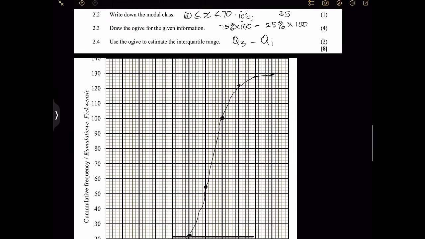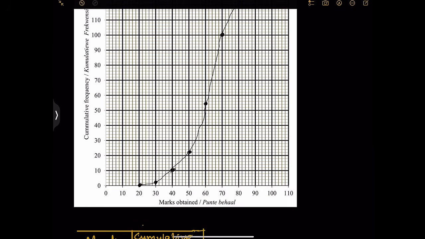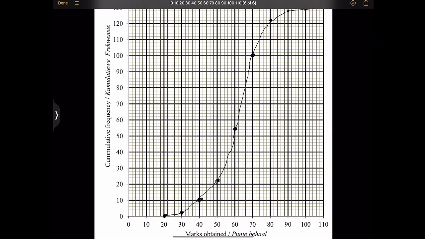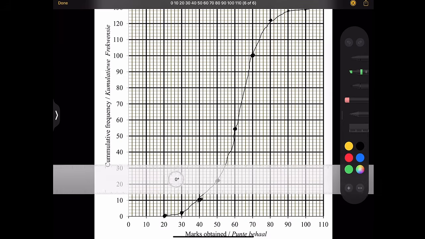We go to our data, and please note, we're going to find 35 and 105. So where is 35? I might have to take my ruler here just to make things a little bit easier for myself. So I'm going to take 35.